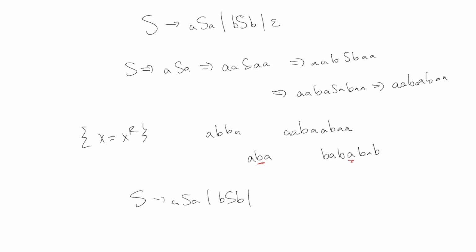Instead of only epsilon, you could have nothing in the middle at the end, or you could have a single extra A in the middle or a single extra B in the middle. And remember, those extra guys will occur in the middle because of where the S goes. The S always inhabits the middle. And so this A and this B, when you finally stick them in, they end up in the middle, not on the end. All right.